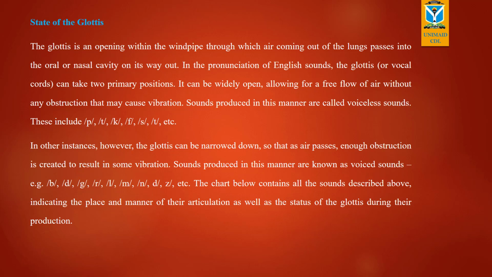When the glottis opens up to allow the air to pass through, the sounds produced are voiceless. But when the glottis comes close together, as if it will contact each other to obstruct the air that is going out from the lungs, which forces the glottis to vibrate, then the sounds produced are voiced.